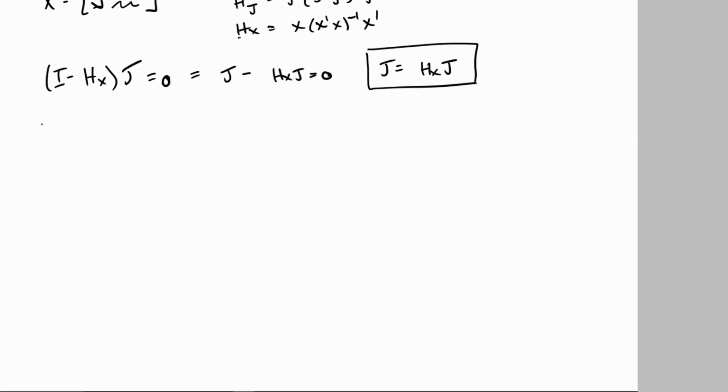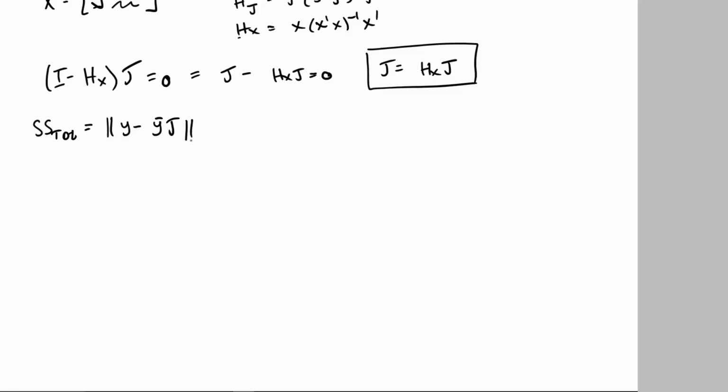Now, let me define the total variation, the total sum of squares, as the norm of y minus y bar times j.